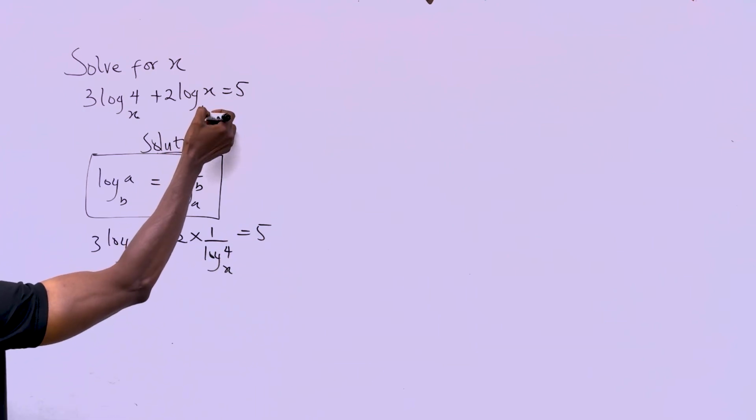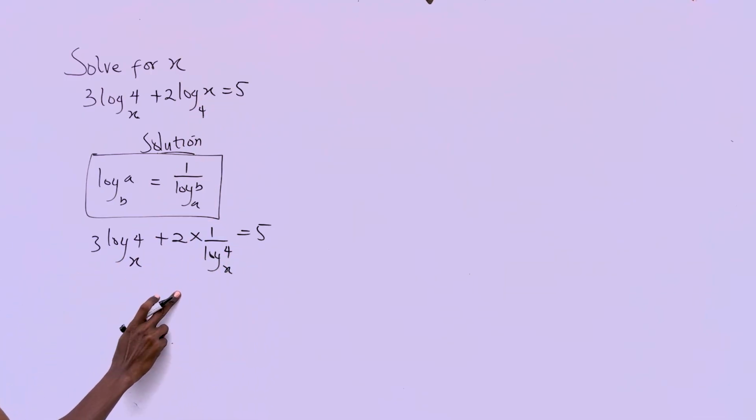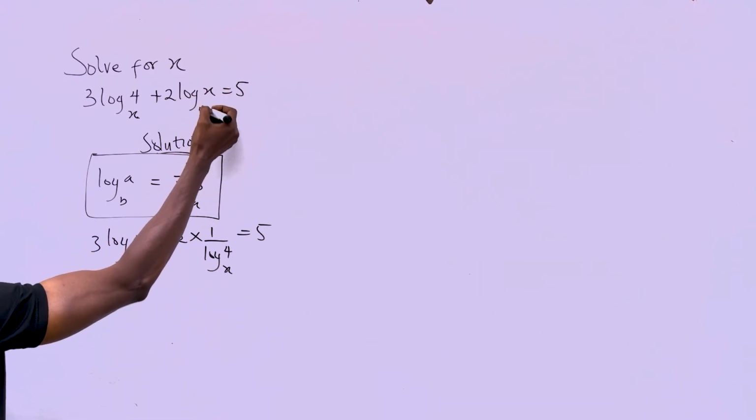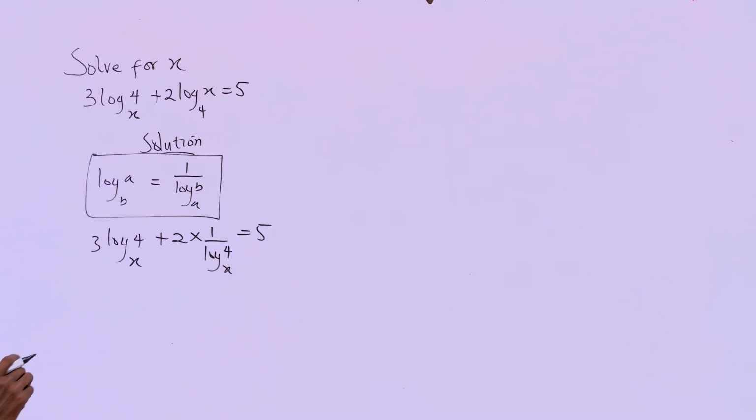So log x base 4 is 1 over log 4 base x. Do you understand? So applying this law, x and 4, 4 and x. So that's the law we applied.